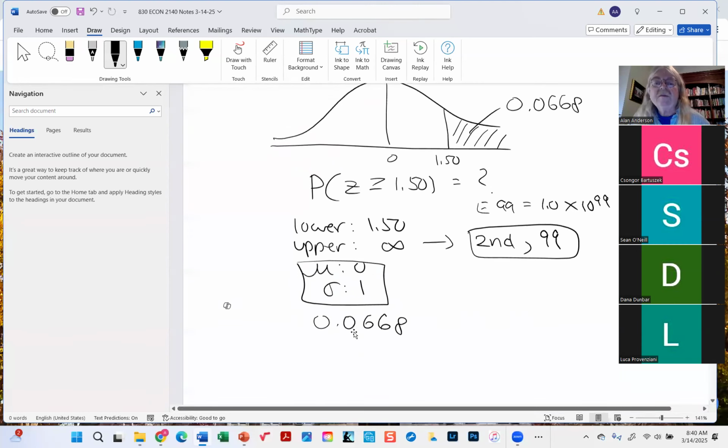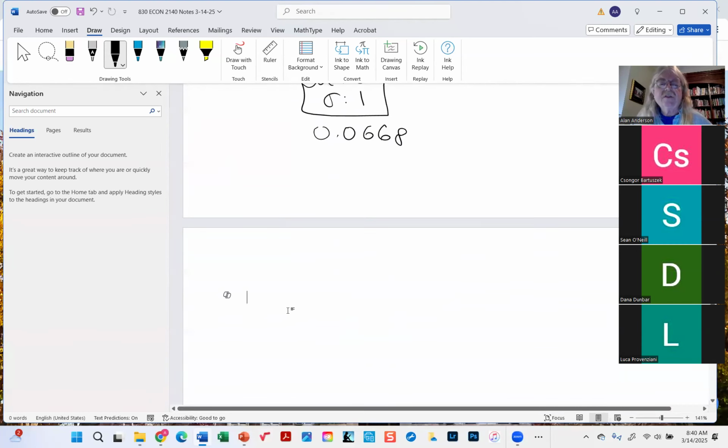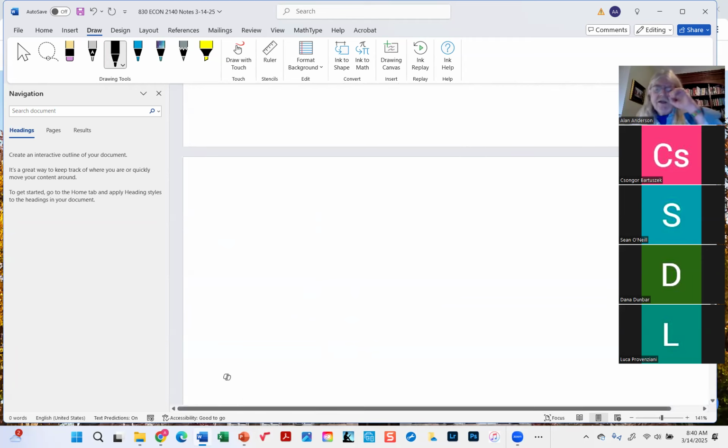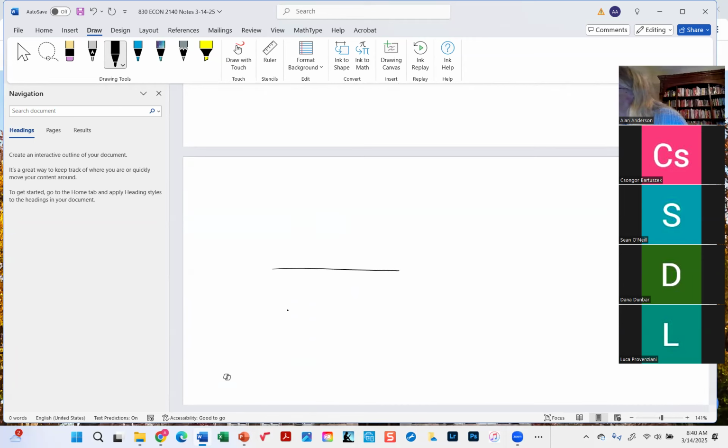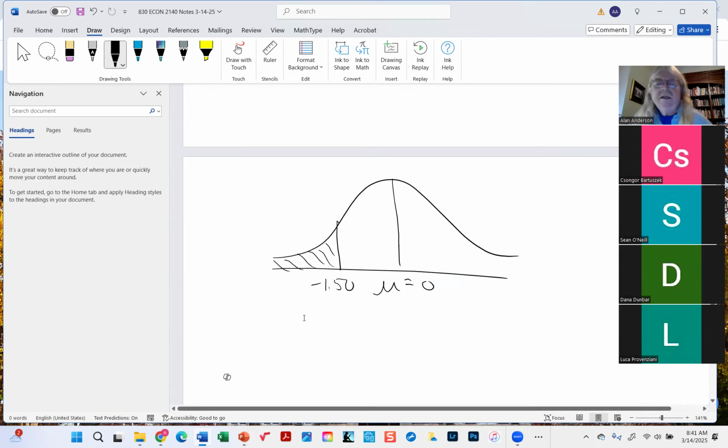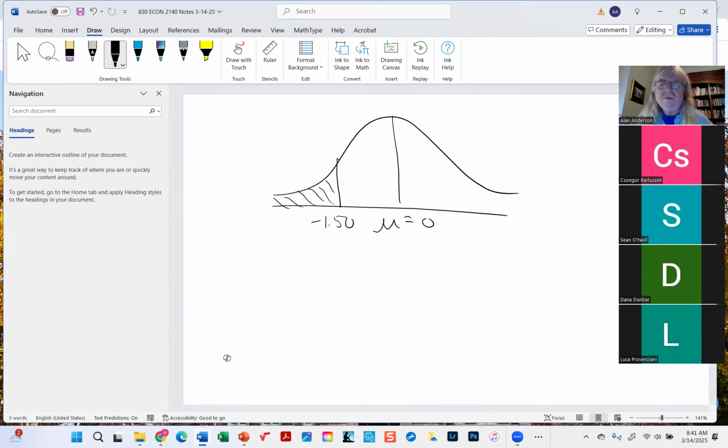Now, as you recall from last time too, we can take advantage of the symmetry of this distribution to conclude that on the left-hand side of the mean, we can go ahead and calculate this the normal way.